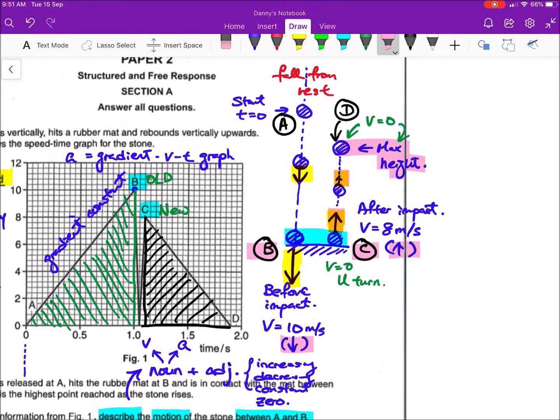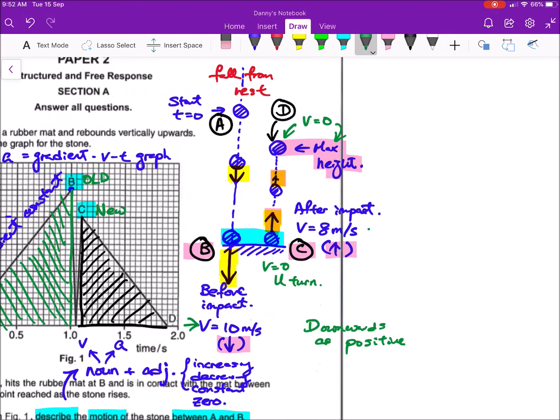Depending on your direction, if you decide to take downwards as positive, then V at B equals 10. But V at C is actually equal to negative 8 meter per second, because downward is positive, so upwards would be negative.